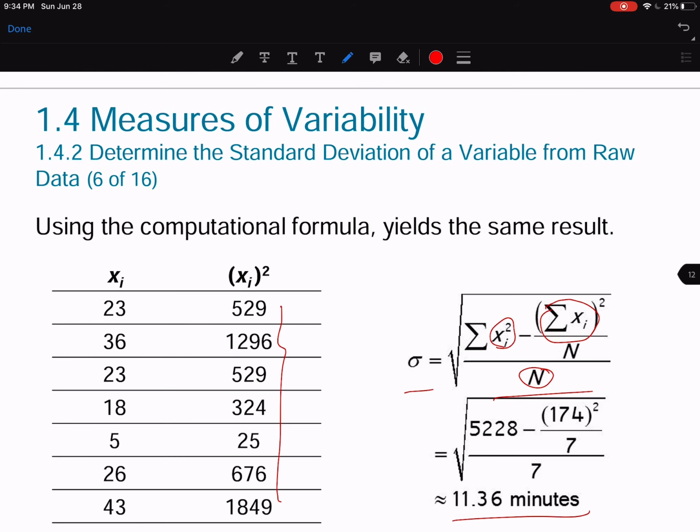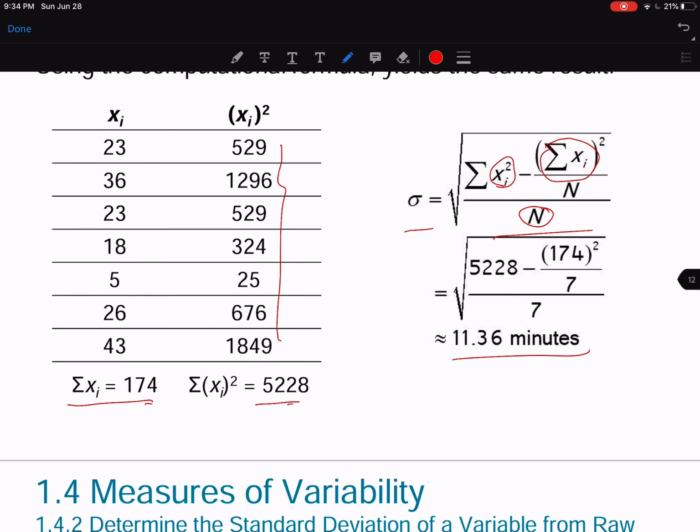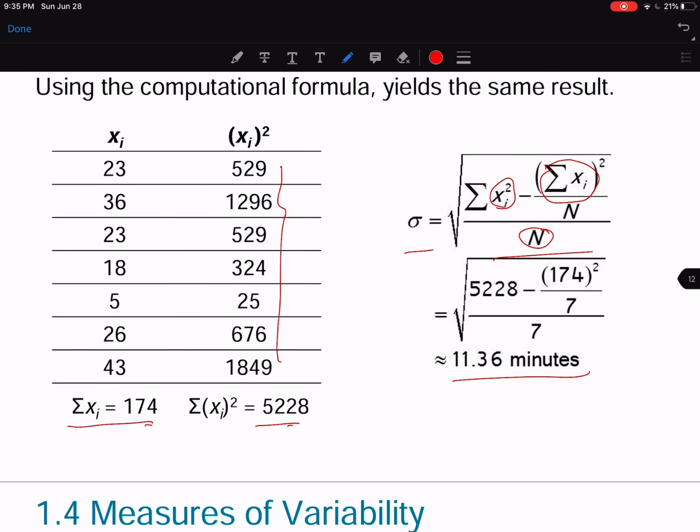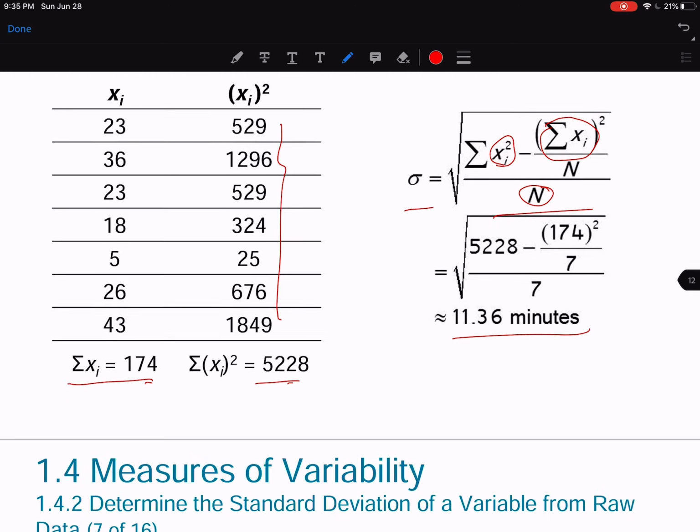So you will always get the same answer by applying those two formulas, because those two formulas are completely equivalent to each other. So that's pretty much how to find the population standard deviation.